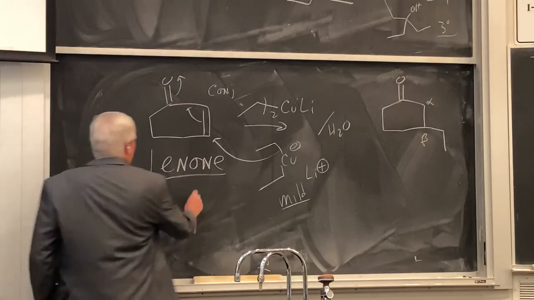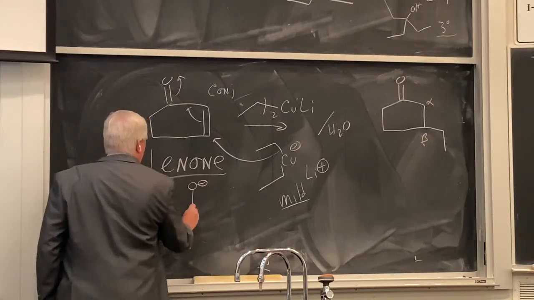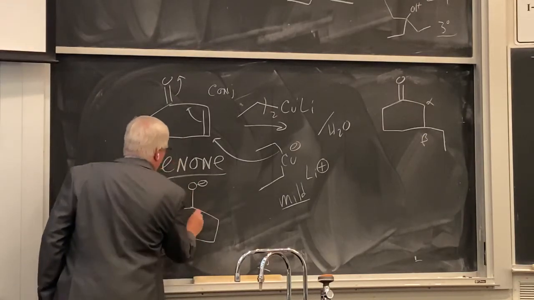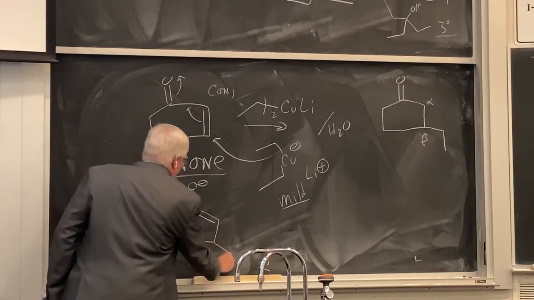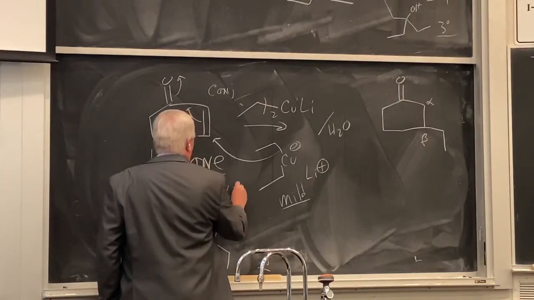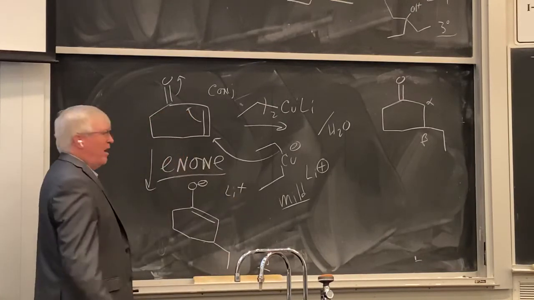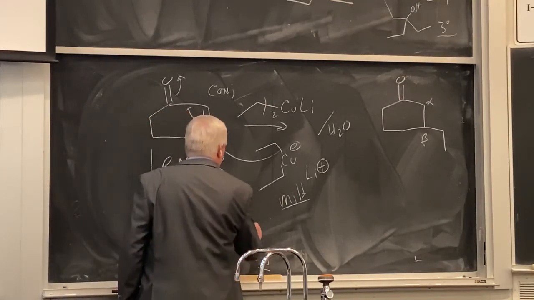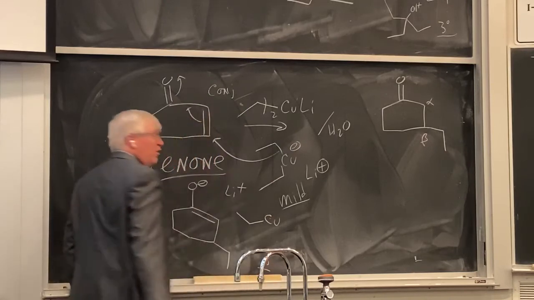And so what do we get? We'll get O minus. We'll get the double bond moved over right there, and we get the ethyl group there, okay? And notice we'll have the lithium cation still there. And what about the copper? The copper ends up as just ethyl copper.